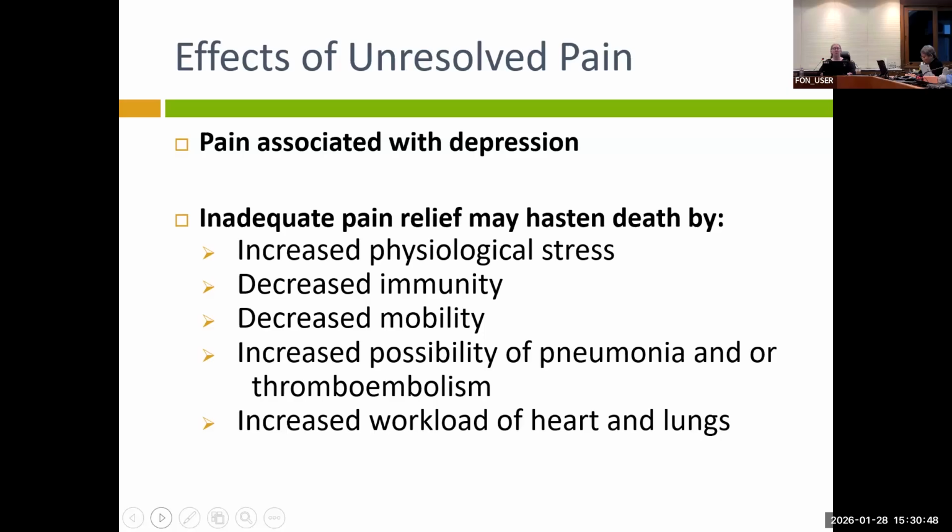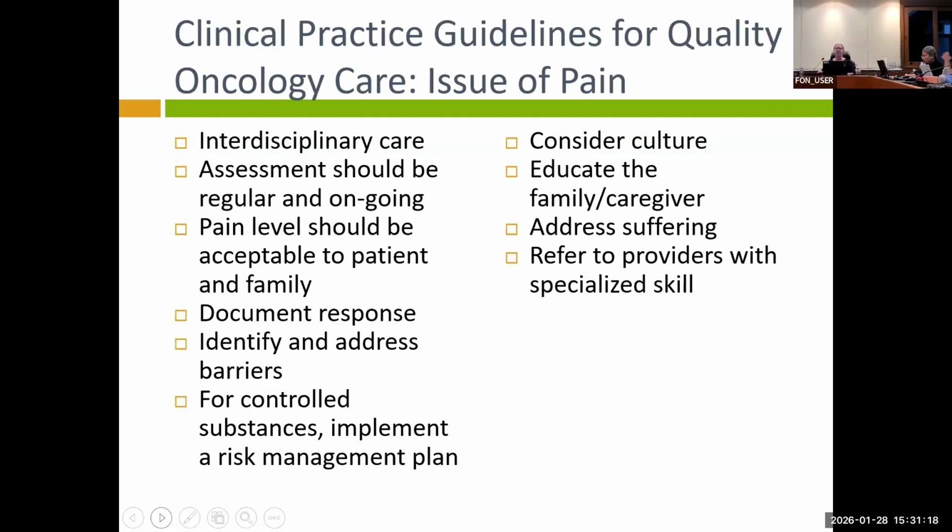That's number one. Decrease immunity. The IL-6 goes down, so they have decreased immunity. The physical function, that decreased mobility. Increased possibility of pneumonia and other issues, and certainly increased workload on the heart and lungs. So there's more wear and tear on the body.